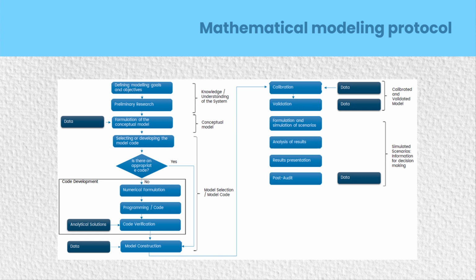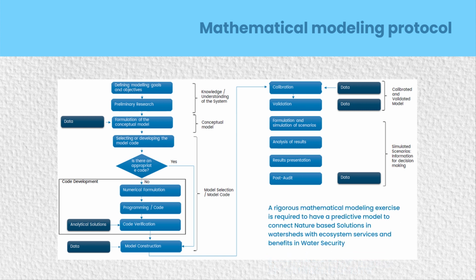Following this type of protocol helps us to have a clear mathematical modeling process and better tools. I would like to highlight that a rigorous mathematical modeling exercise is required to have a predictive model that allows connecting the interventions in the watersheds with the ecosystem services and benefits in water security.